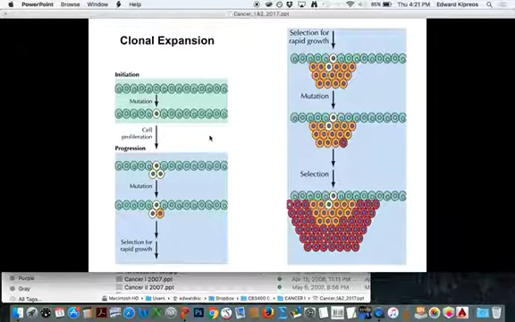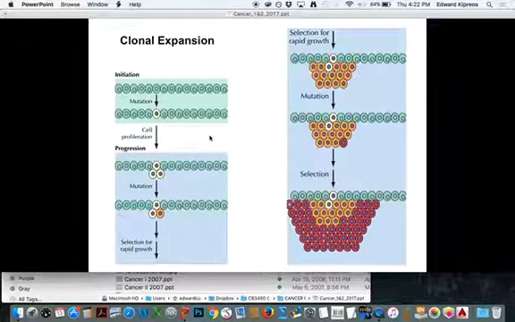So now we're going to talk about clonal expansion. Generally, tumors are clonal. What that means is that if you see a tumor, it arose from a single cell at one point. And you get this clonal expansion by going through different stages of cancer formation. The first stage is where the cells are dividing, but they're sort of acting normally.